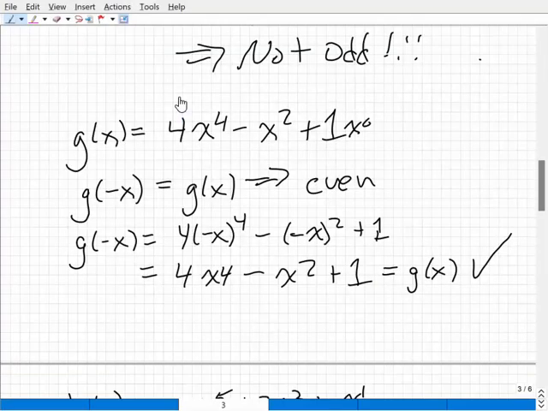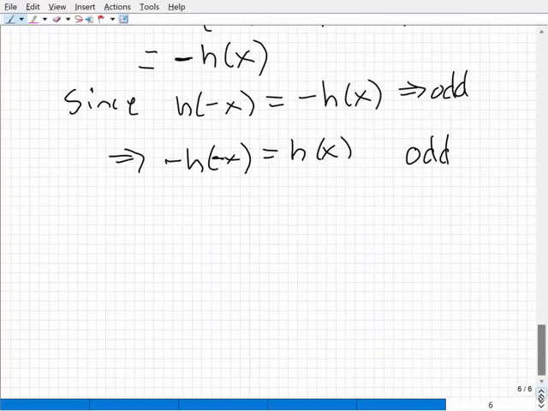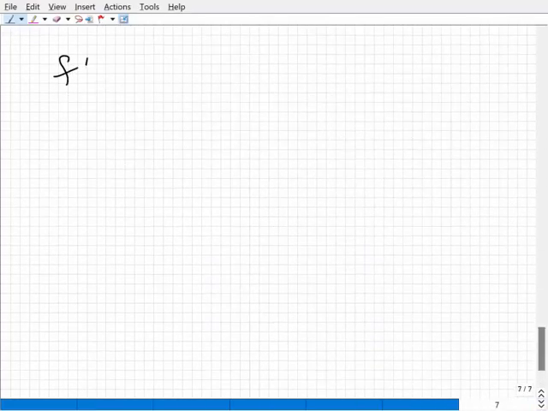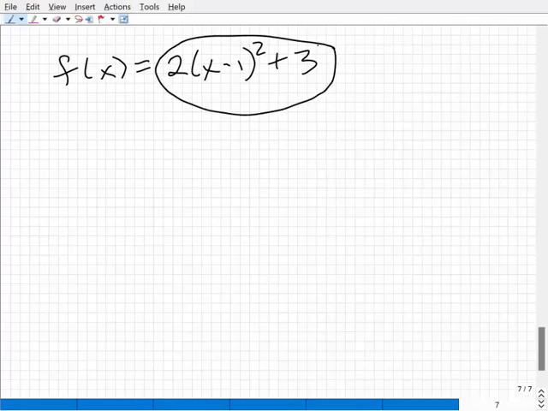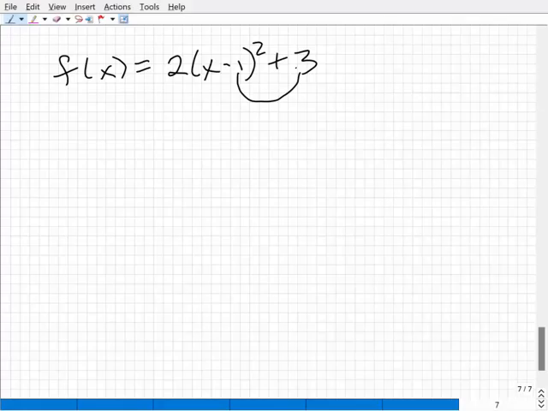Okay? Check this out. Now, here is 2 times x minus 1 squared plus 3. All right, I can immediately tell you this is neither. Why? Because I know that this is a parabola and its vertex is not on the y-axis.